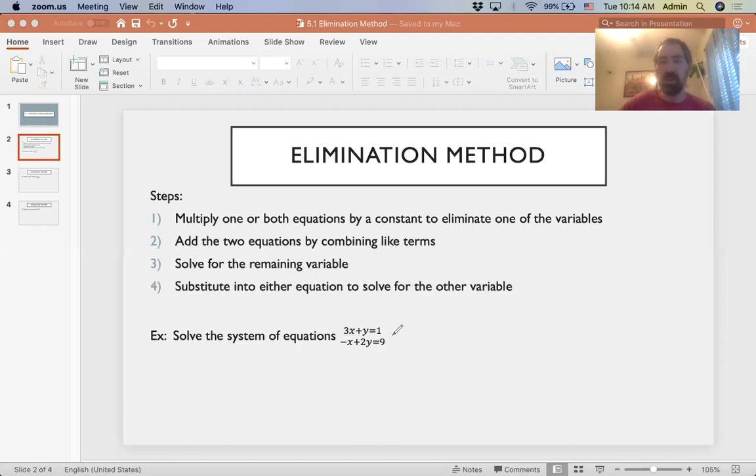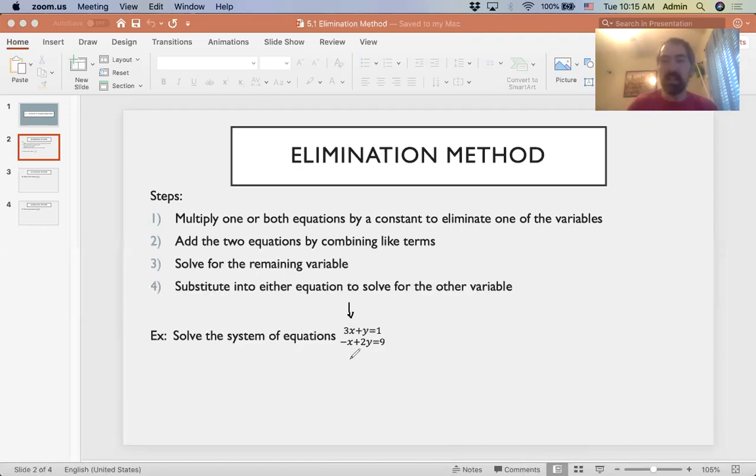So for example, if I were to eliminate the variable x, I need those coefficients to be the same number but opposite sign. The coefficient in the first equation for x is 3, a positive 3. So that means I want the coefficient of x in the second equation to be a negative 3. Right now it's just sitting at a negative 1.